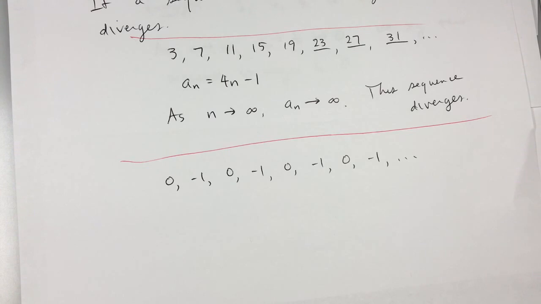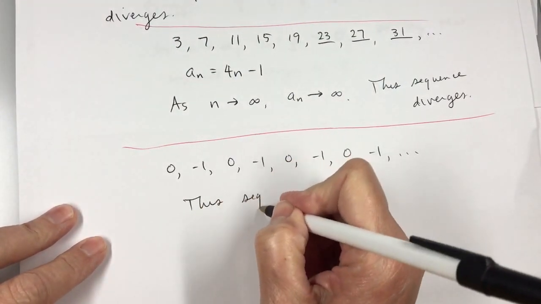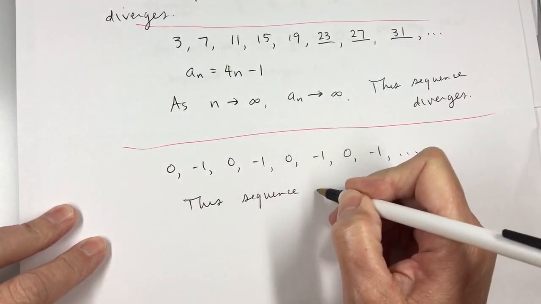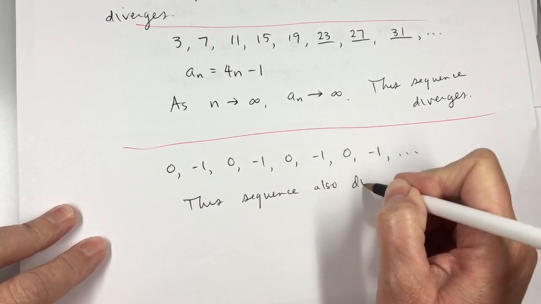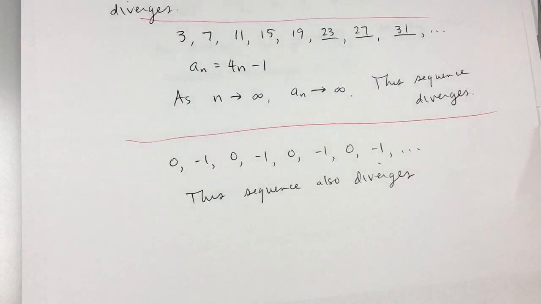They just took the average of 0 and negative 1. But that's not what's happening here. As n approaches infinity, is this going to approach one particular number? No, this one diverges. This sequence also diverges. Okay.